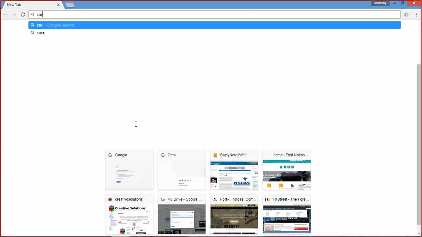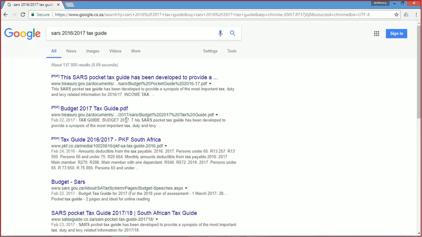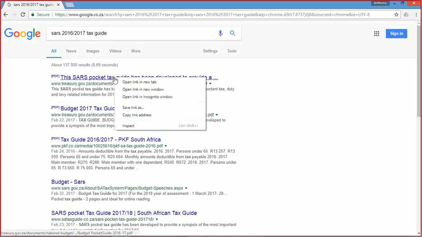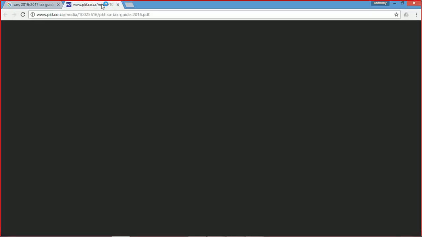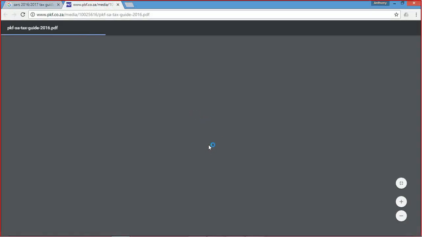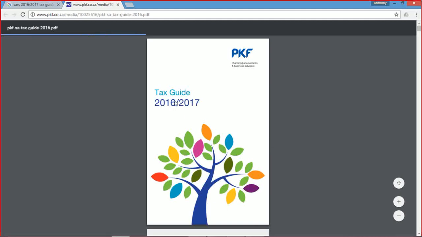Okay, so SARS 2016/2017 tax guide. Treasury.gov, budget, no, I want an actual guide. Oh, here, PKF again, let's download the same one. Okay, here it is.